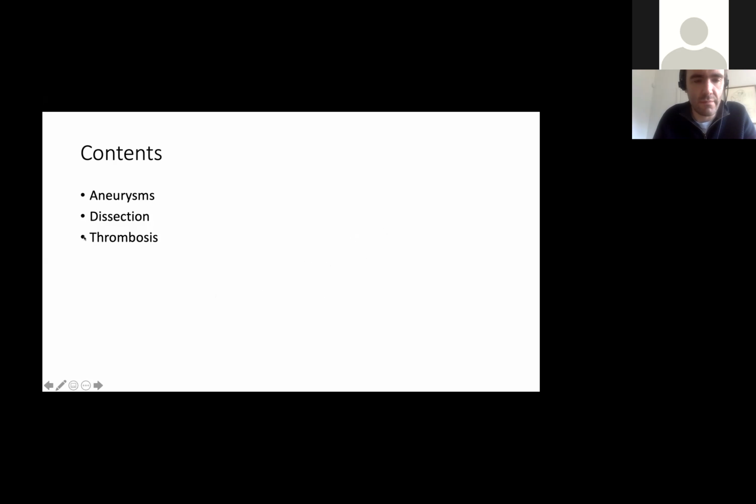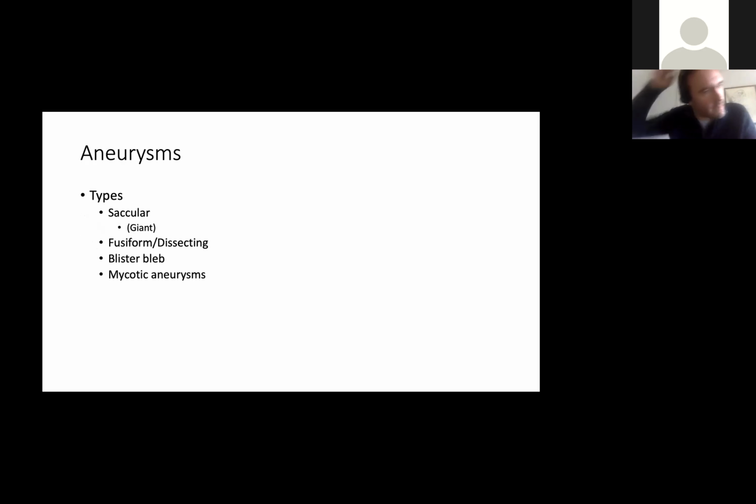And with thrombosis, I was going to focus on dural venous sinus thrombosis a little bit, and stroke, because those are the main things really, intravascular thrombosis that affects the brain.